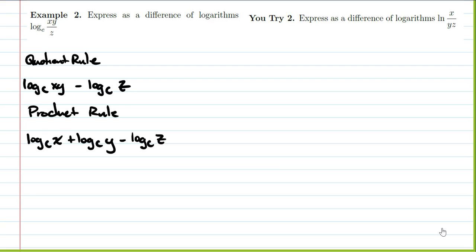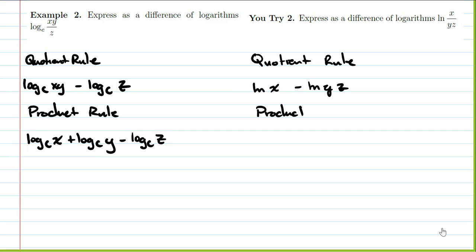All right, so we start once again with our quotient rule. And that's going to give us the natural logarithm of x minus the natural logarithm of yz. And we're going to use our product rule on the second logarithm.